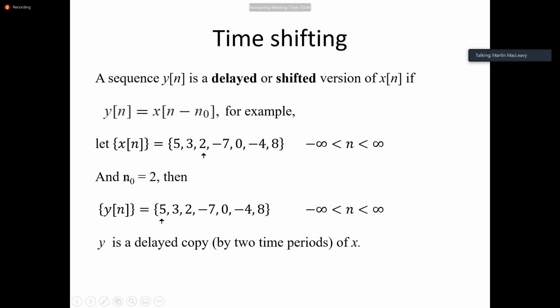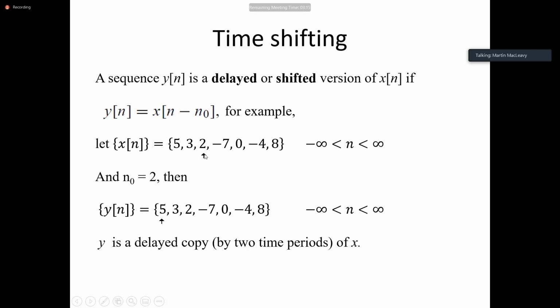If we decide to shift our sequence, in other words, apply this equation where n naught is equal to 2, then all we're going to do is get a copy delayed by 2 time periods of x.